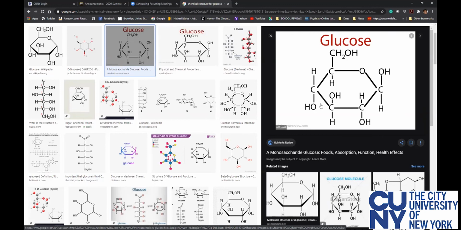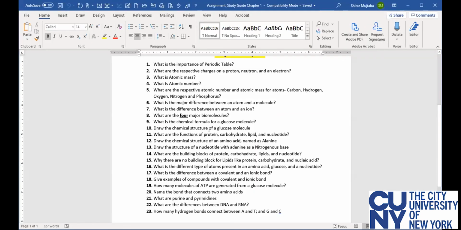You just need to know 2 facts about glucose: that it is a building block for carbohydrate, and it has 6 carbon, 12 hydrogen and 6 oxygen. That's the chemical structure of glucose.